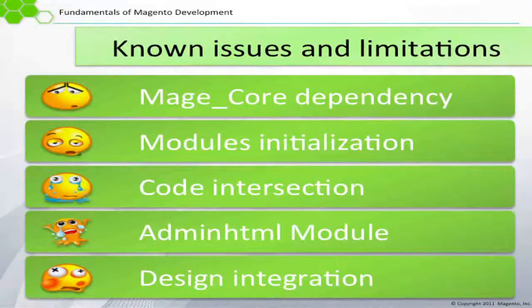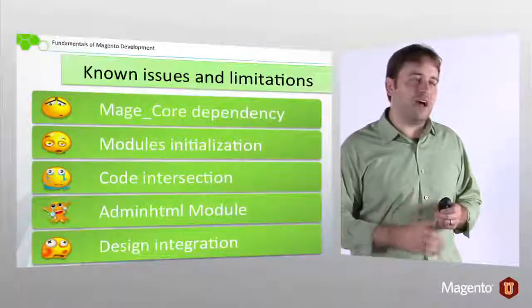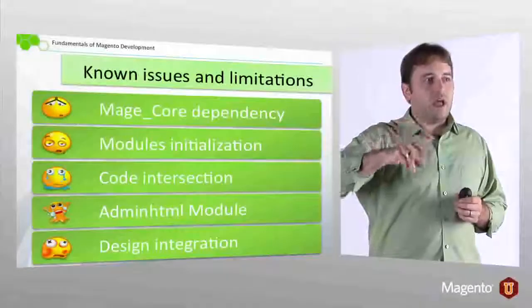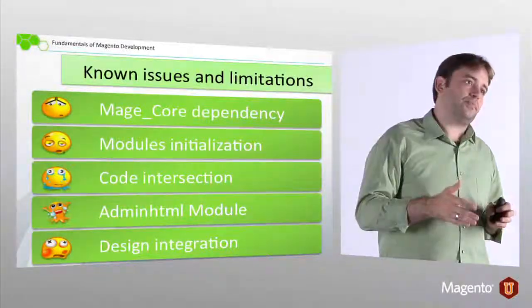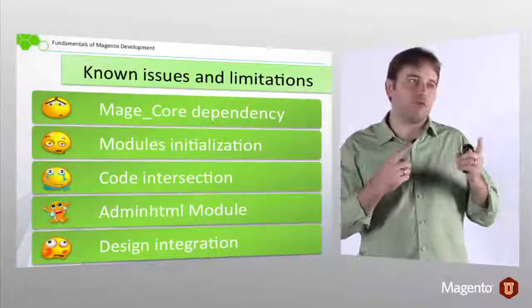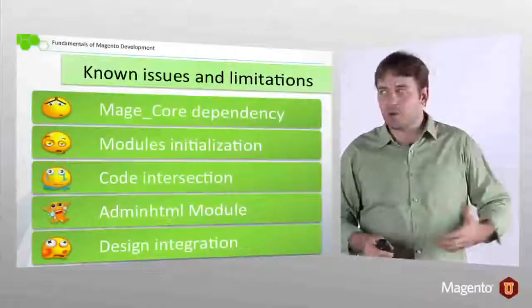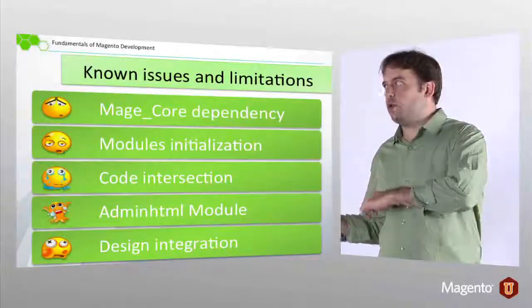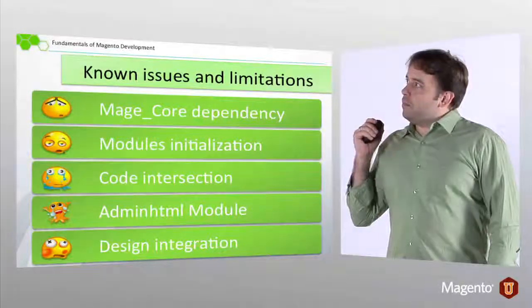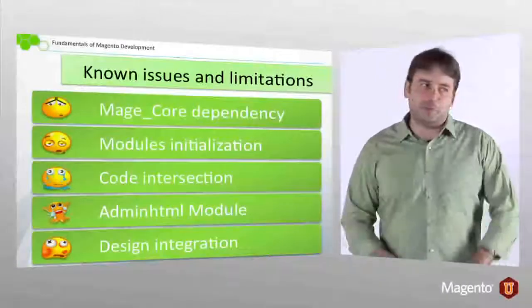Mage core. In your file system, you have app code core, and then the Mage namespace, and then the core module. So you have a couple of core folders in a file path. That's what I'm talking about when I'm talking about Mage core: app code core, Mage core. Magento, in order to run, depends on Mage core.